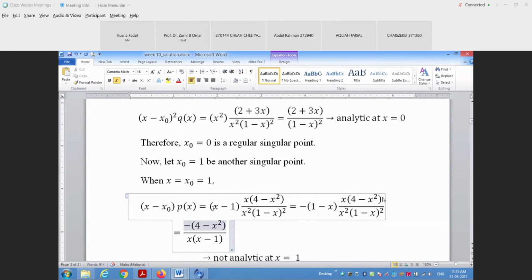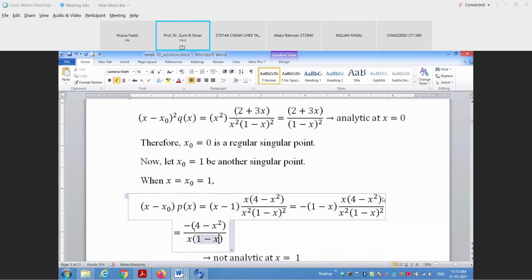So I can express x minus 1 as minus (1 minus x). They are the same. x minus 1 is equal to minus (1 minus x). And then I can cancel this 1 minus x and this 1 minus x squared. So I will get here, like this.